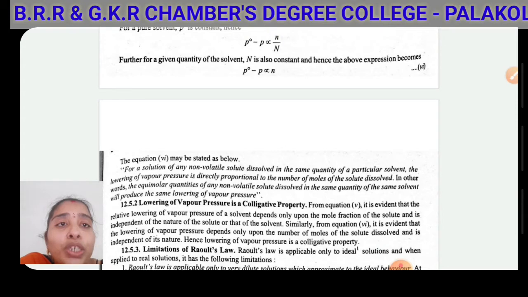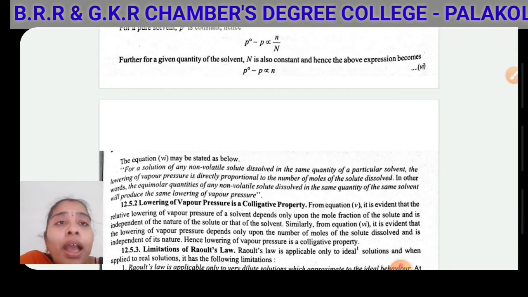For a solution of any non-volatile solute, non-volatile meaning not vaporizing, dissolved in the same quantity of a particular solvent, the lowering of vapor pressure is directly proportional to the number of moles of the solute dissolved.